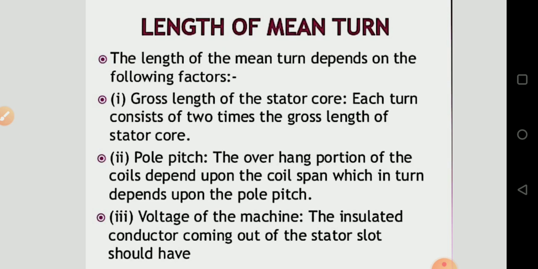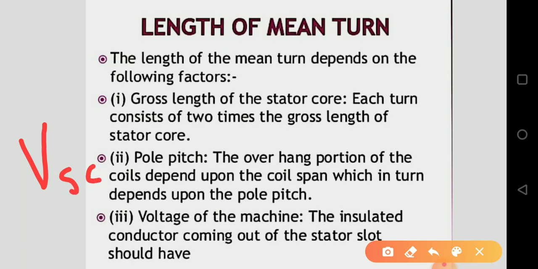Coil span factor is the ratio of voltage generated in the short pitch coil to the voltage generated in the full pitch coil.